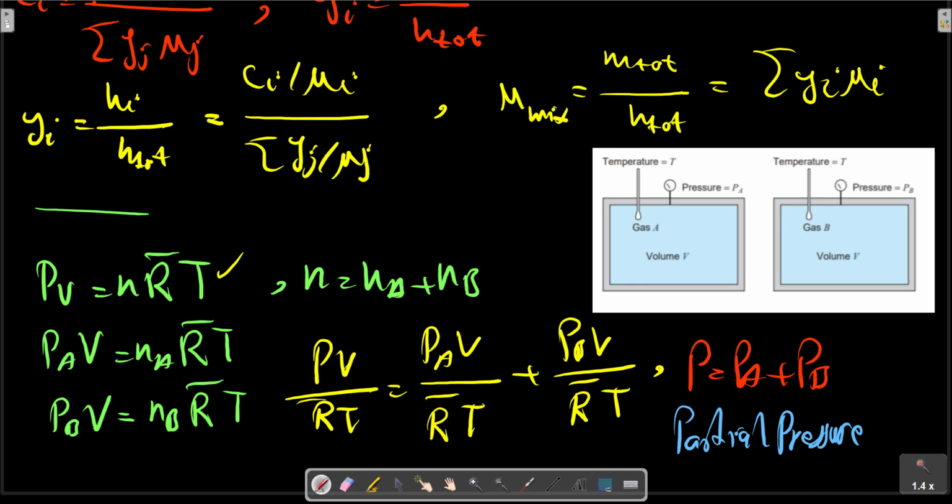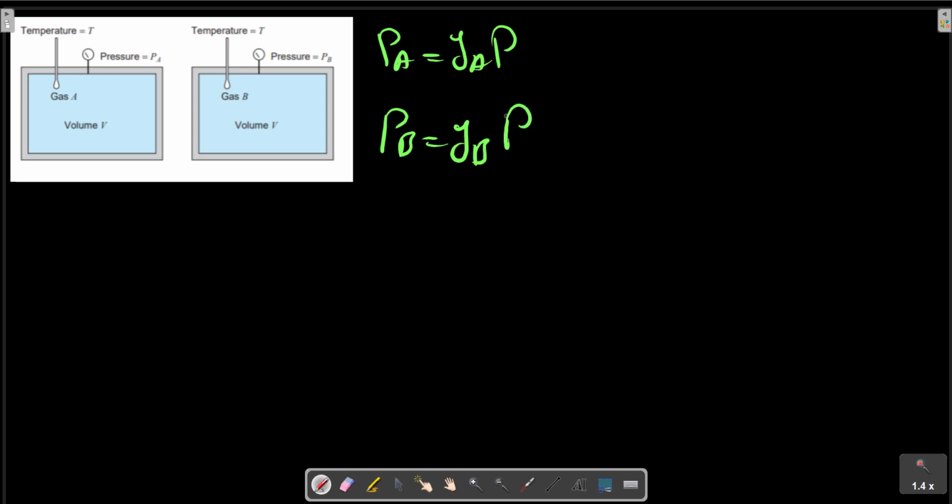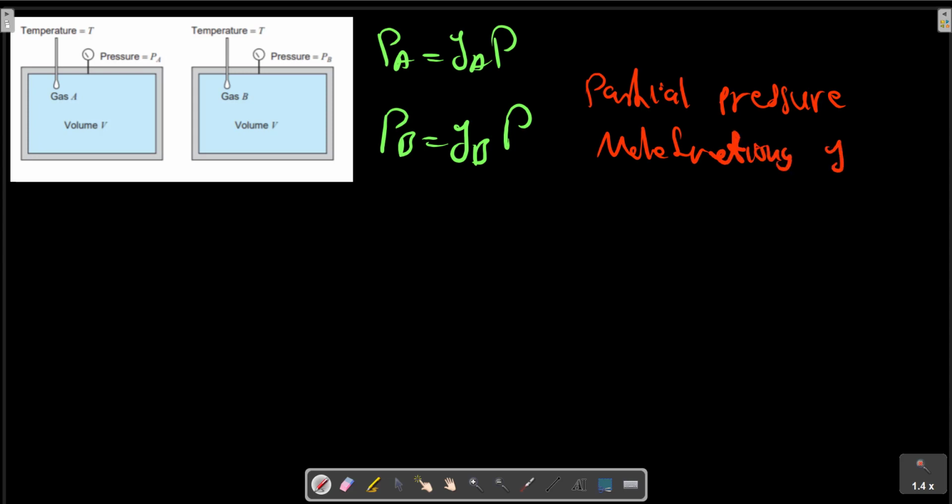Using the relation we can write PA and PB equal to YA P and YB P. This is, each partial pressure is the product of that component's mole fraction and the mixture pressure.